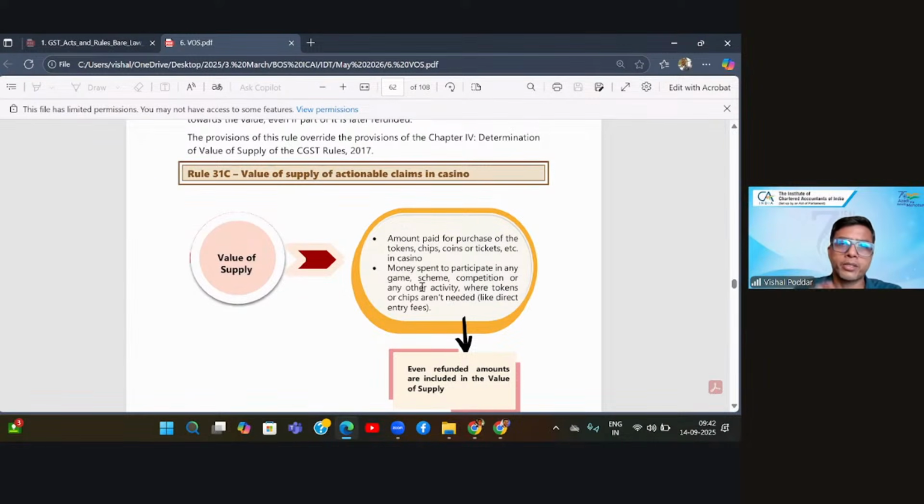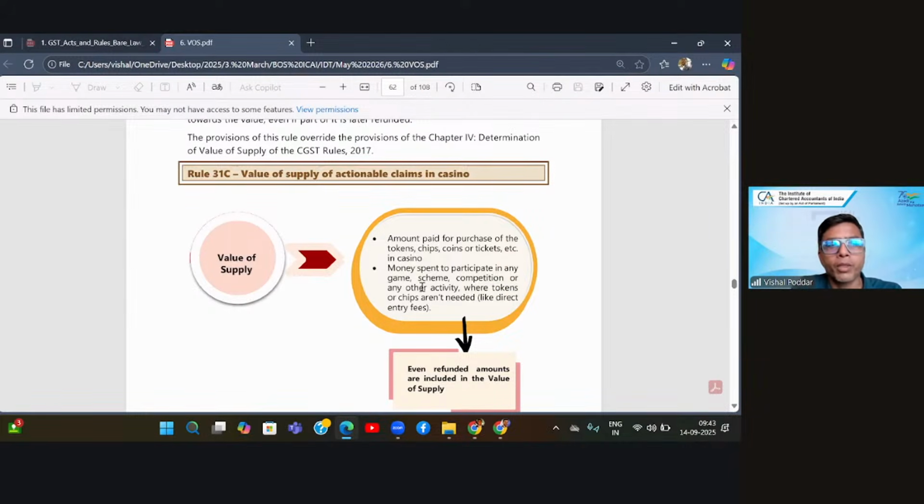Secondly, if let us say you are not buying any token or chip, but you are directly participating in any game by making payment of money, then that amount whichever you have paid for playing that game is the taxable value. So whenever you go to a casino, we put a bet either by first buying the chips and coins and we put the chips and coins as the bet, or directly we put the money as the bet.